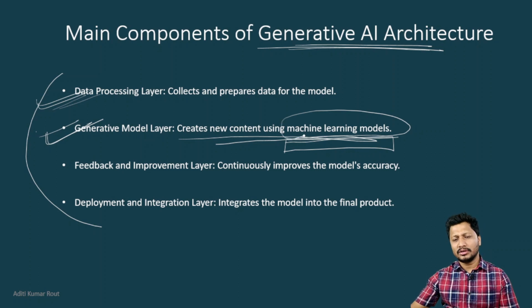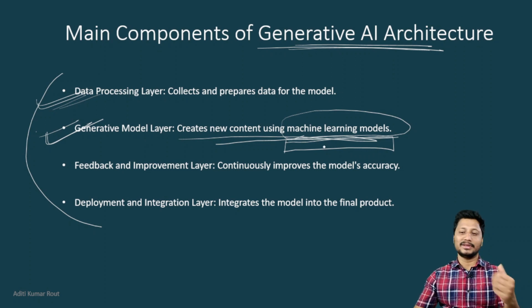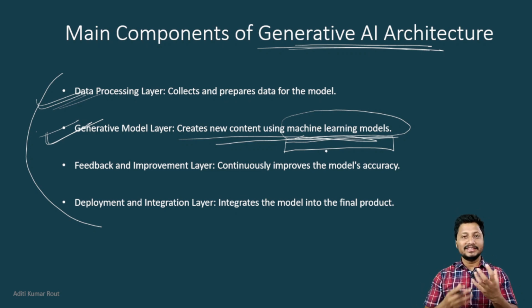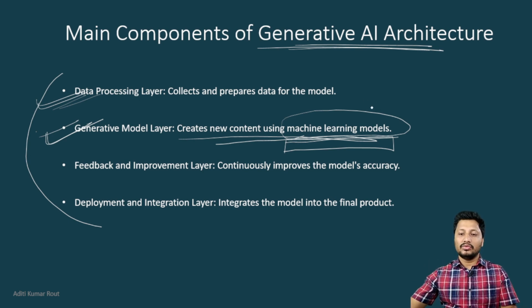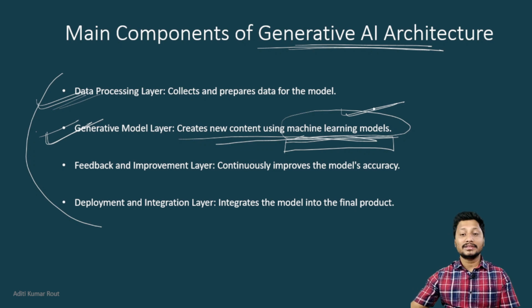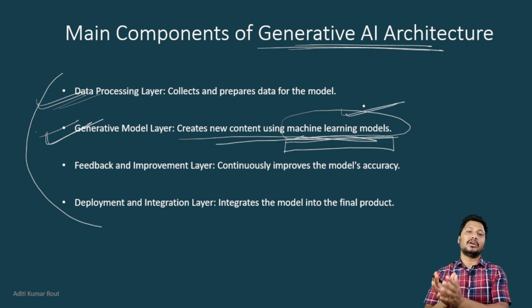There are certain fundamental things behind it, but these are the high level things. We are building a machine learning model for generating content, because it is generative AI, which means it is generating things. So we are implementing generative machine learning models for satisfying the expectations of this particular problem statement, right?